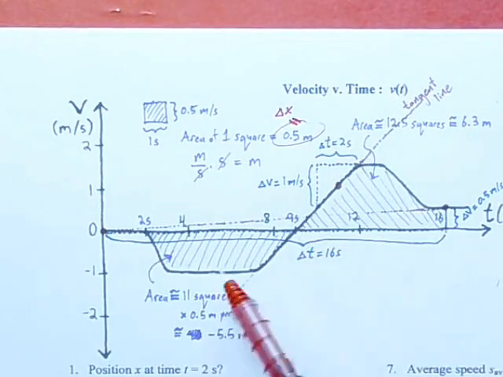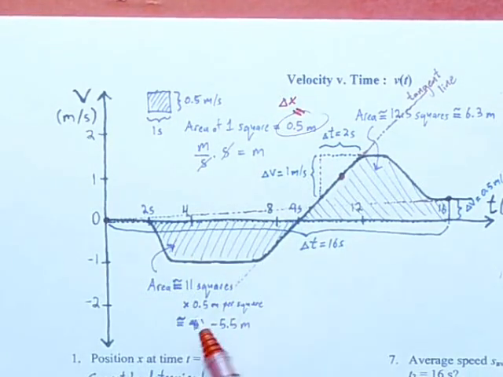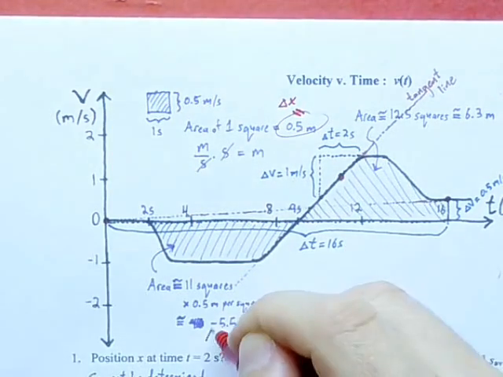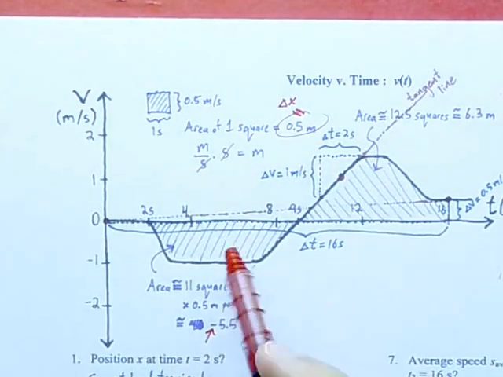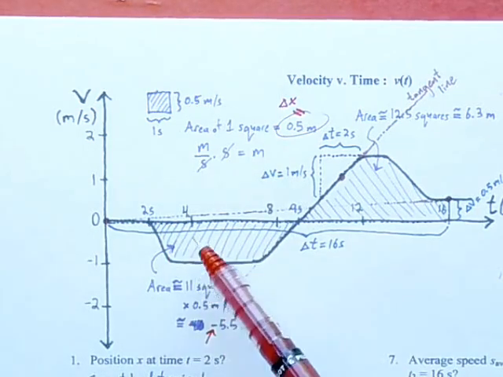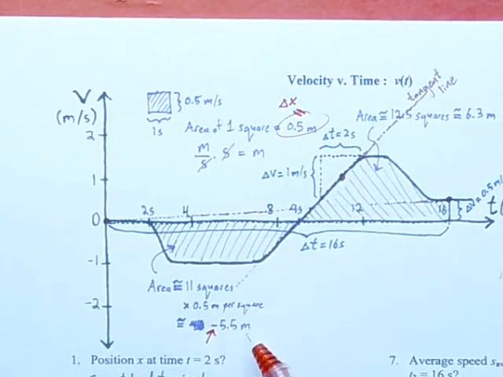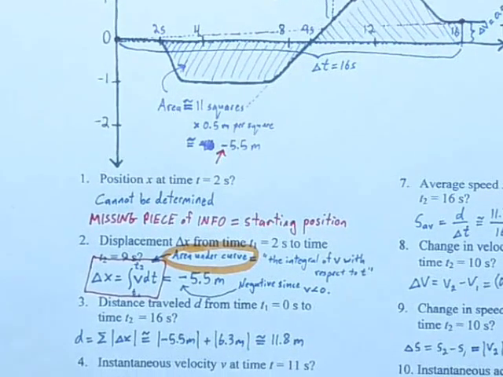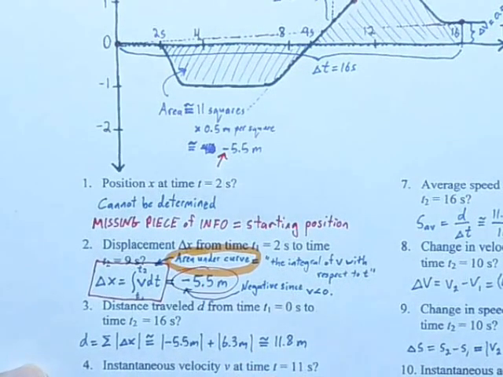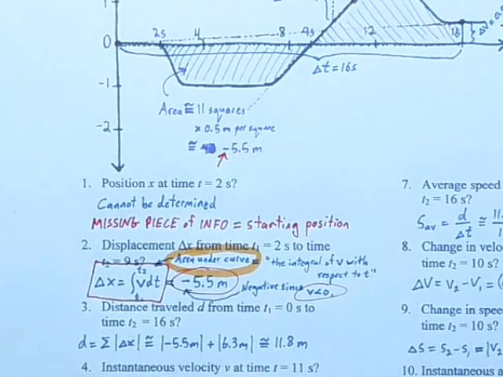So I see about 11 squares roughly inside that area times half a meter per square. So that gives us the 5.5 meters, and it's negative 5.5 meters since we are below the 0 axis here. So this indicates that our object moved in the negative direction this far between this time and this time. Okay, hence negative, our velocity was less than 0, that area was below the 0 axis.